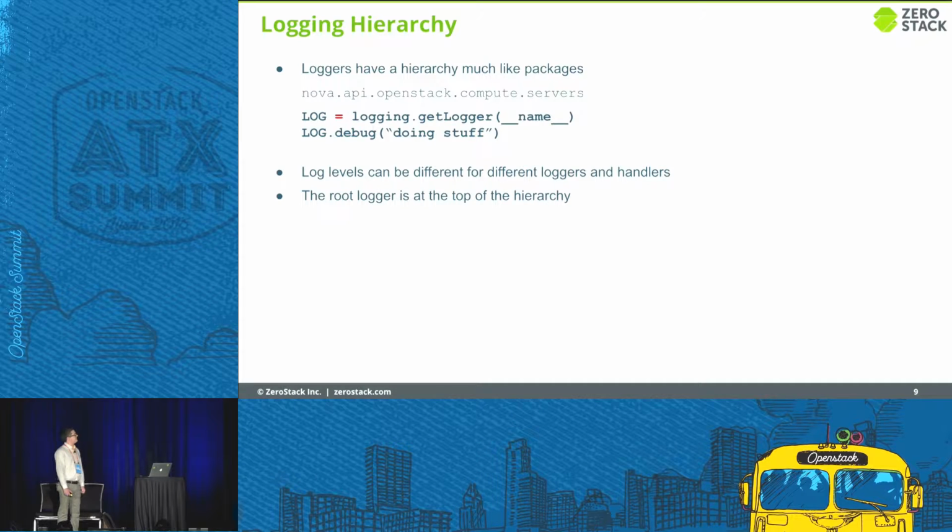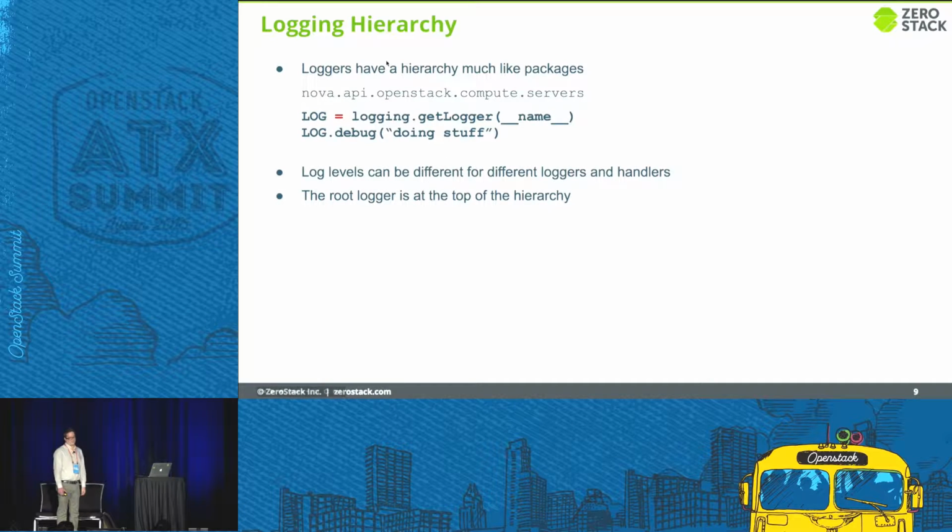One of the powerful things, and also sometimes something people complain about with Python's logging module's complexity, is the fact that loggers themselves exist in a hierarchy, much like packages. What this allows you to do is configure different log levels for different parts of the hierarchy.